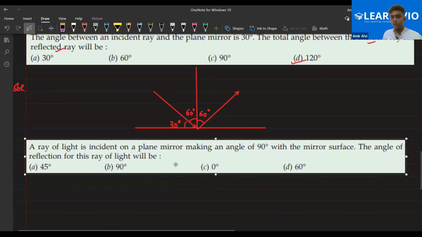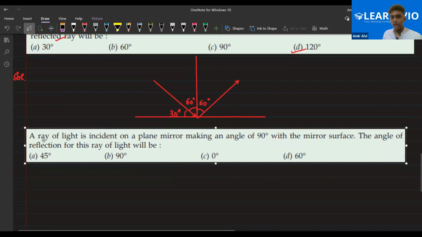I'm giving you 1 minute to solve this question. Please let me know the correct answer in the chat. Okay, I got the answer from Aayan.